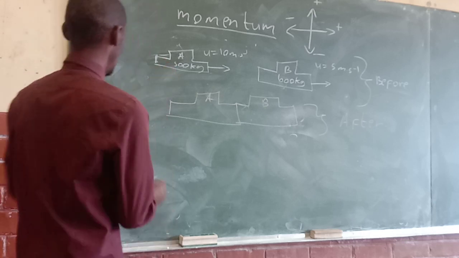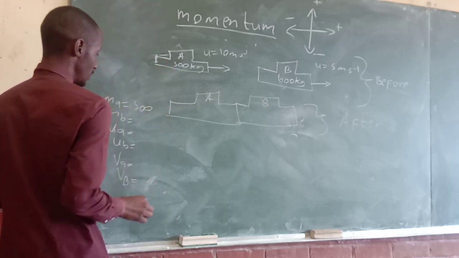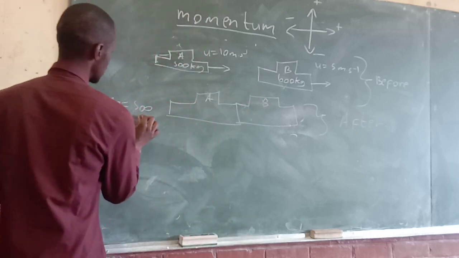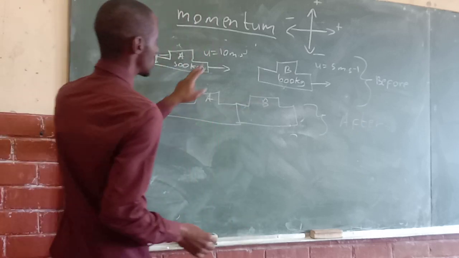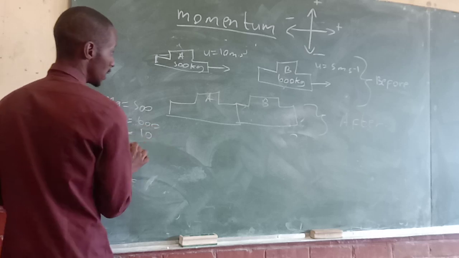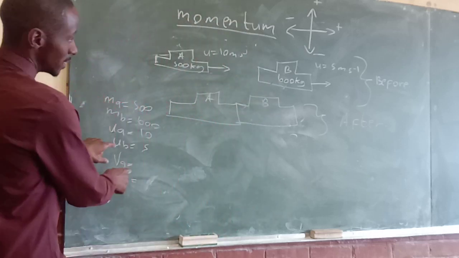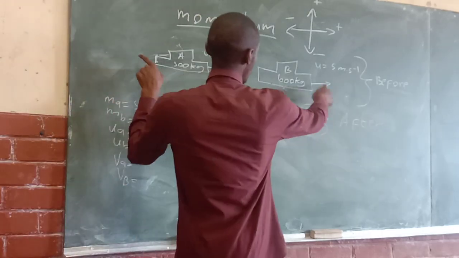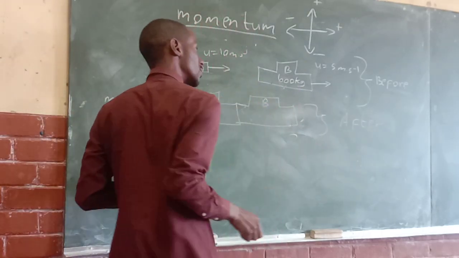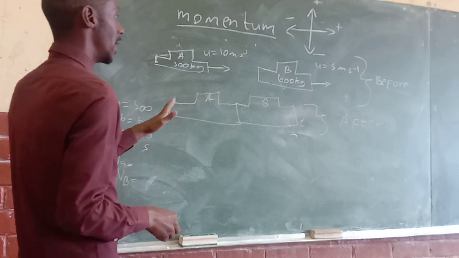The mass of car A is 500 kilograms, the mass of car B is 600 kilograms, the initial velocity of car A is 10, the initial velocity of car B is 5, but we realize that in the problem we weren't given the final velocity of either car A or B.